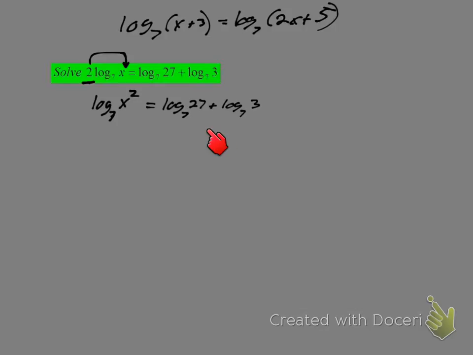Now, these two logs are being added. Whenever you are combining two logs that are being added, what do you do with the quantities? You multiply. That's what we just learned. So you rewrite those two logs as log base 7 of 27 times 3, which gives you 81.